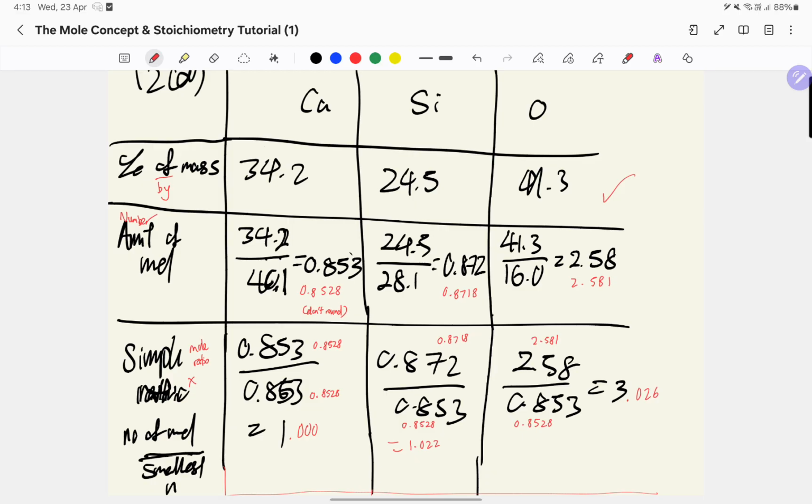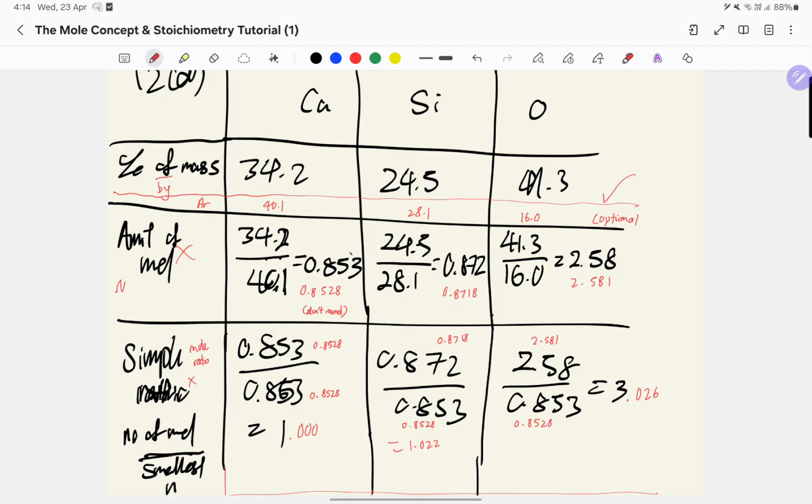Then actually there should be a relative atomic mass row also, where you write the relative atomic mass of each element. But honestly, if you didn't write this down, it should be okay. Alright, and for number of moles, it's not amount of moles, it's number of moles.